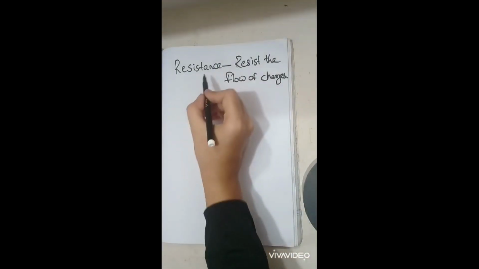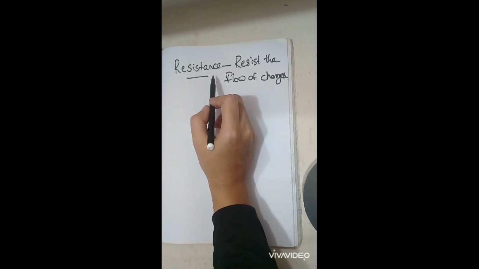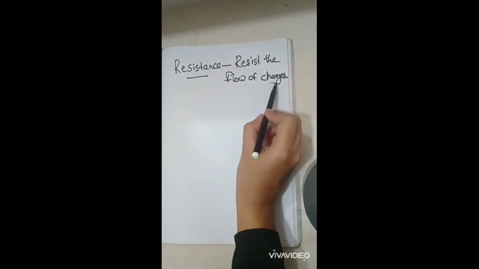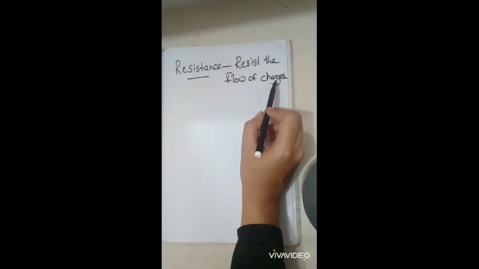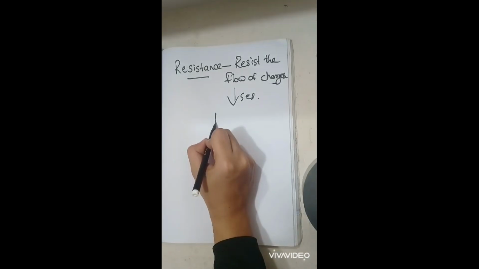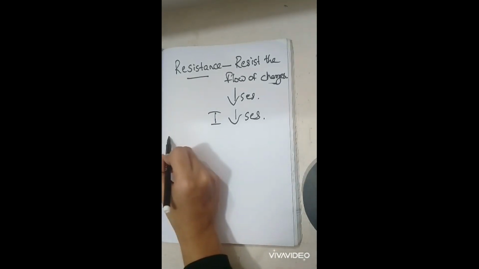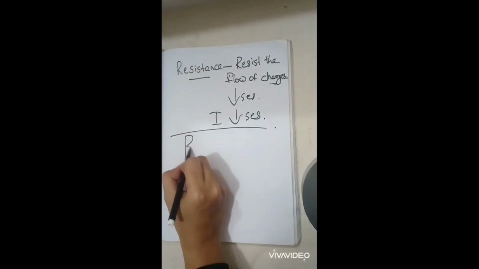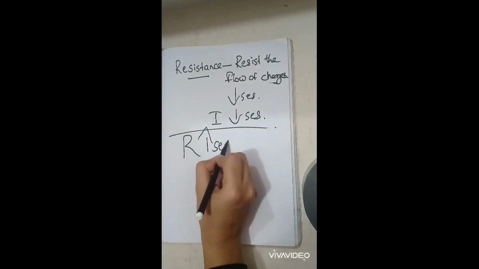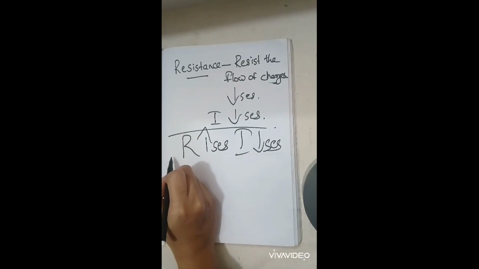When an electric circuit has a resistance, the flow of charges through the circuit will be blocked. That is, the flow of charges decreases. Then the flow of electric current also decreases. So we can say that as the resistance increases, the current decreases.